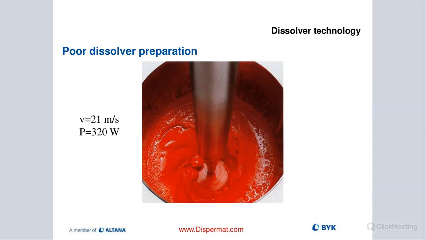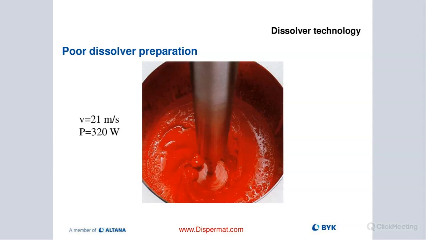Now, in this case, we have the same tip speed, but the energy we're putting in is 320 watts. That means the viscosity of our material is probably really low. I have a difficult time putting any form of energy in there. So therefore, there is no donut forming. Actually, the donut would automatically collapse as soon as it's being formed because the viscosity is so low. So to balance this, I have some options.